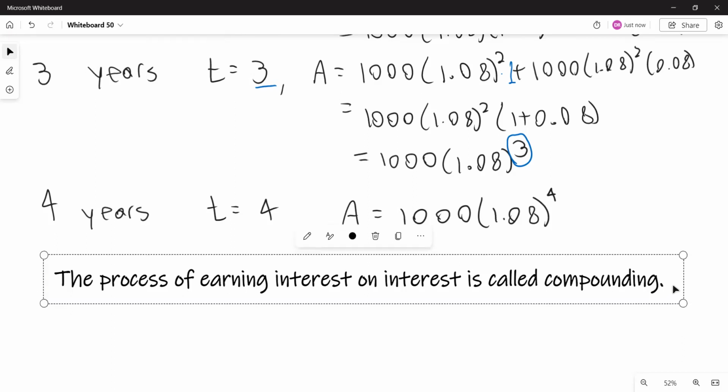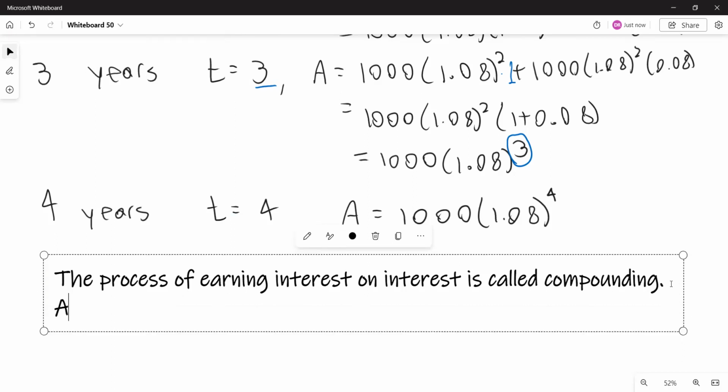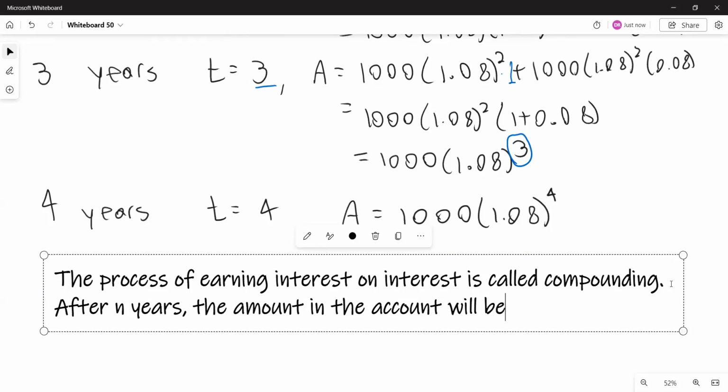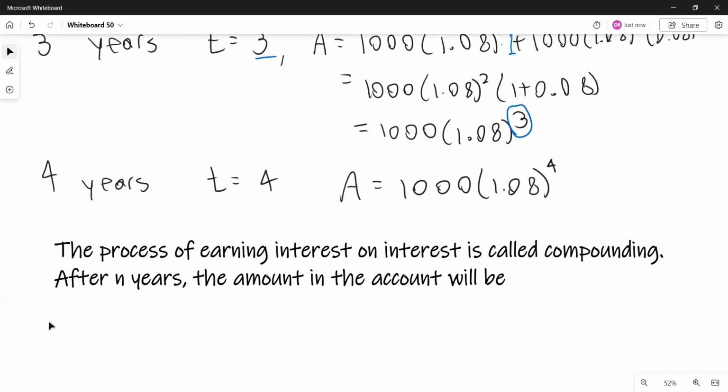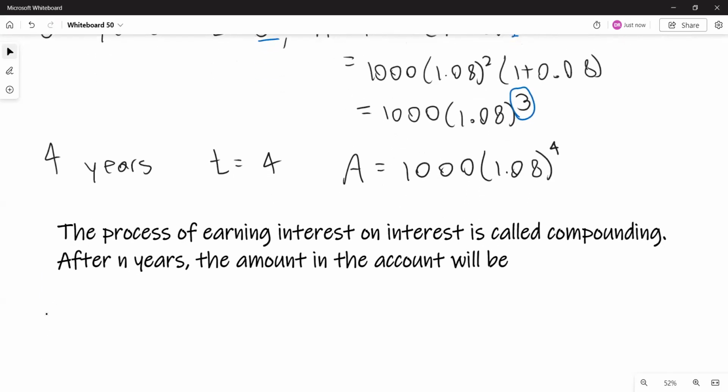And after n years, the amount in the account, if we follow this pattern, is going to be A equals 1,000 times 1.08 raised to the n power.